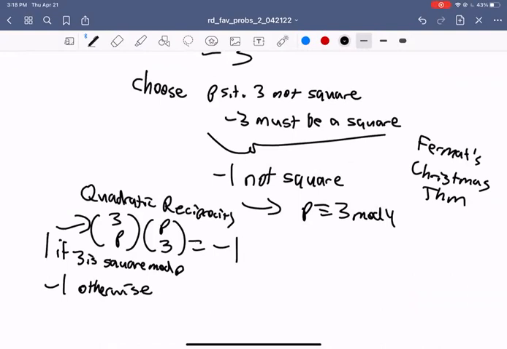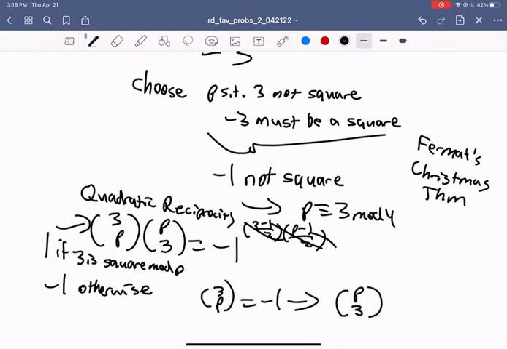And the actual formula says 3 minus 1 over 2 times P minus 1 over 2, and it generalizes for all odd primes Q instead of just 3, but this just evaluates to an odd number because P is 3 mod 4. And since we want 3 to not be a quadratic residue.